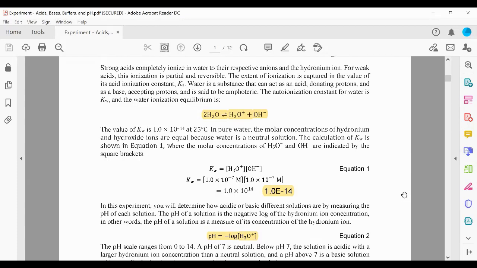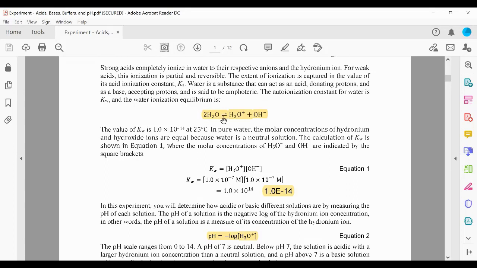There is no equilibrium. And here, the first highlighted reaction shows how water dissociates into hydronium ion and hydroxide ion. So if you just put water in a container, it's going to be an equilibrium. This is not a reaction that goes to completion.